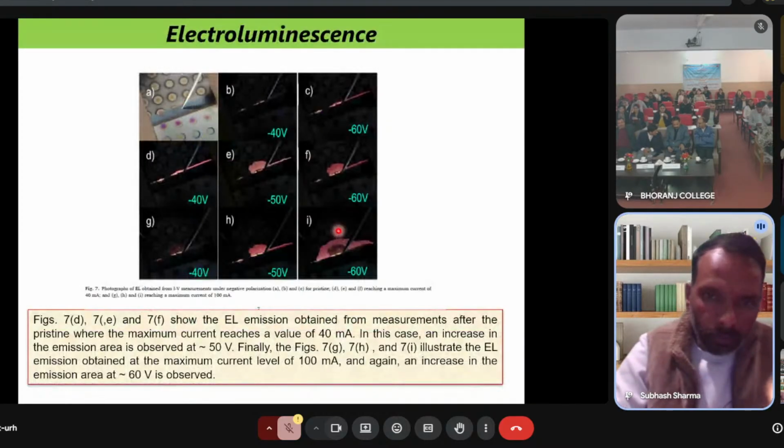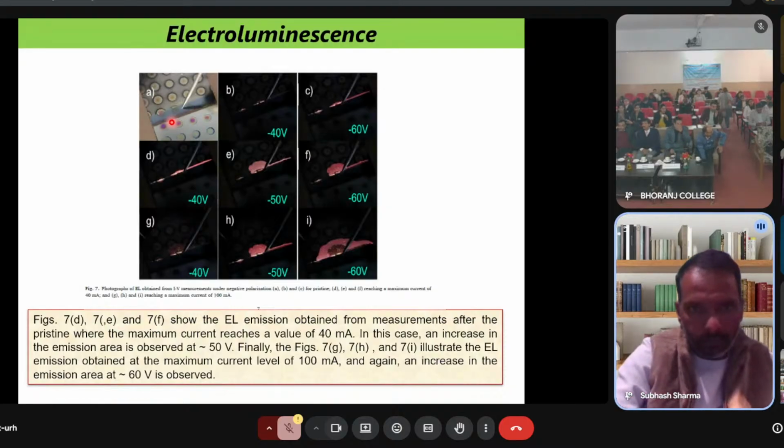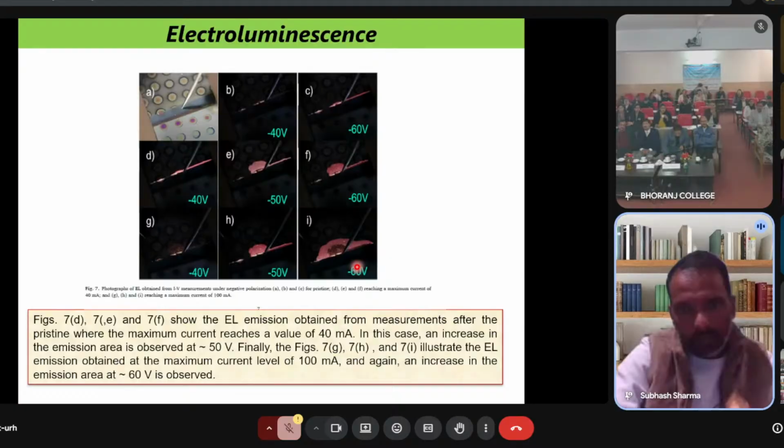So this is the main core of the paper, the electroluminescence. We put this material in and apply some electric field, like 40 volt, 60 volt. If you see at 60 volt, we have more illumination, right? Meaning we have more light.